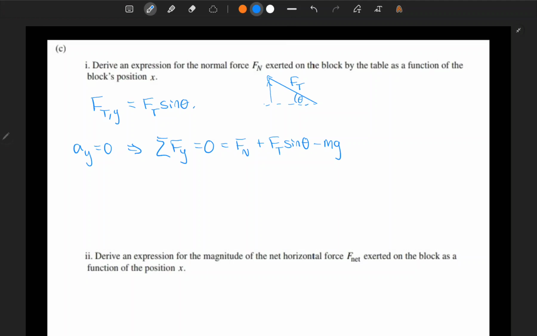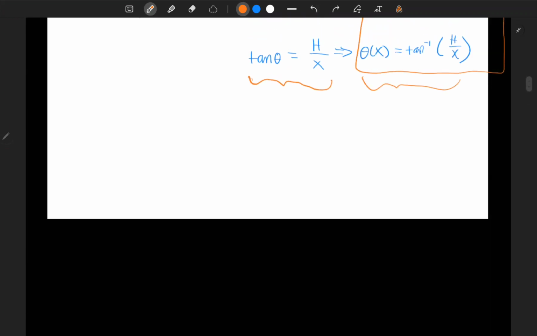So solving for Fn, we find that Fn is equal to mg minus the tension force times the sine of theta. But we can go one step further. We already found a solution for theta and, more importantly, sine theta, given above.